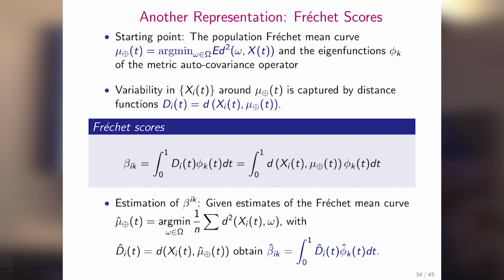So the point-wise Fréchet mean function basically is a central notion of a trajectory, like the random trajectories. So we look at not the object functions themselves, but the distance of each object trajectory around the Fréchet mean function, which kind of gives an approximation of how X_i(t) varies around μ(t).